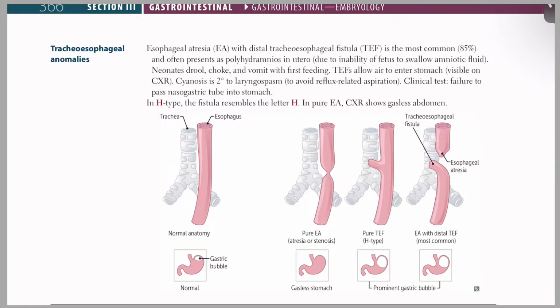Pure distal esophageal fistula, distal tracheoesophageal fistula, H type, prominent gastric bubble, tracheoesophageal fistula. Esophageal atresia with distal tracheoesophageal fistula is most common. So, that is the most common. Prominent gastric bubble.